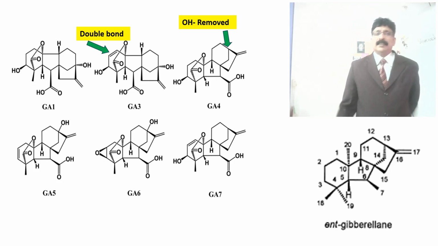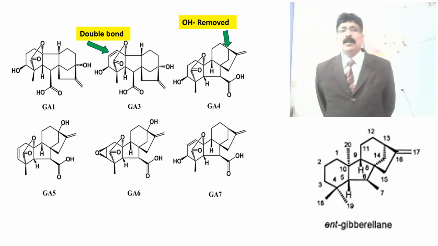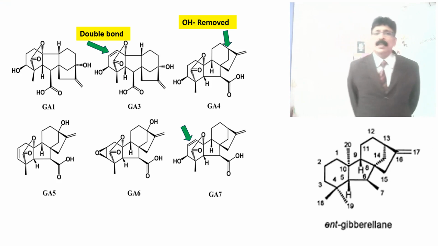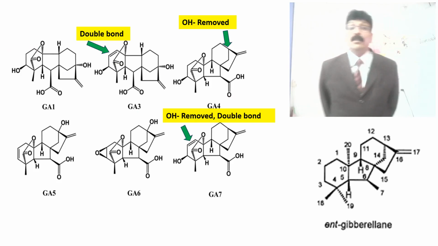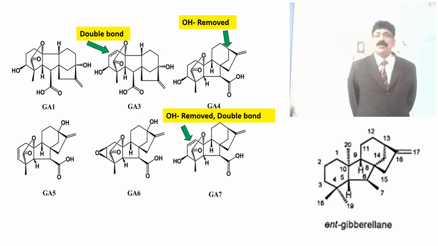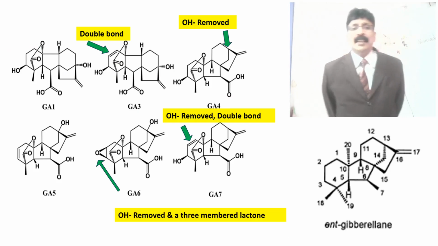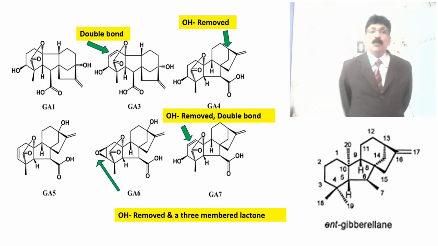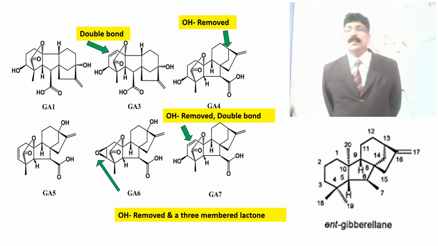The structure is just tilted and OH is removed, so that becomes GA4. And here you can see OH is removed and also a double bond is added, so that is GA7. And in GA6 you can see OH is removed from the other side and a 3-membered lactone ring is present as shown in the structure.